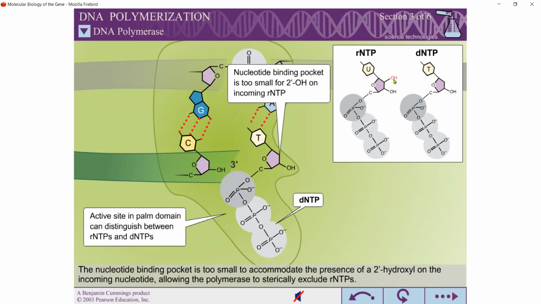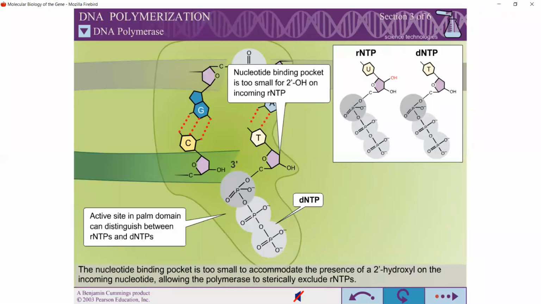Hence, this is how the polymerase first distinguishes whether a DNTP has entered or a RNTP has entered, and given the constraint of space provided here, it also ensures that only a DNTP can enter and base pair.